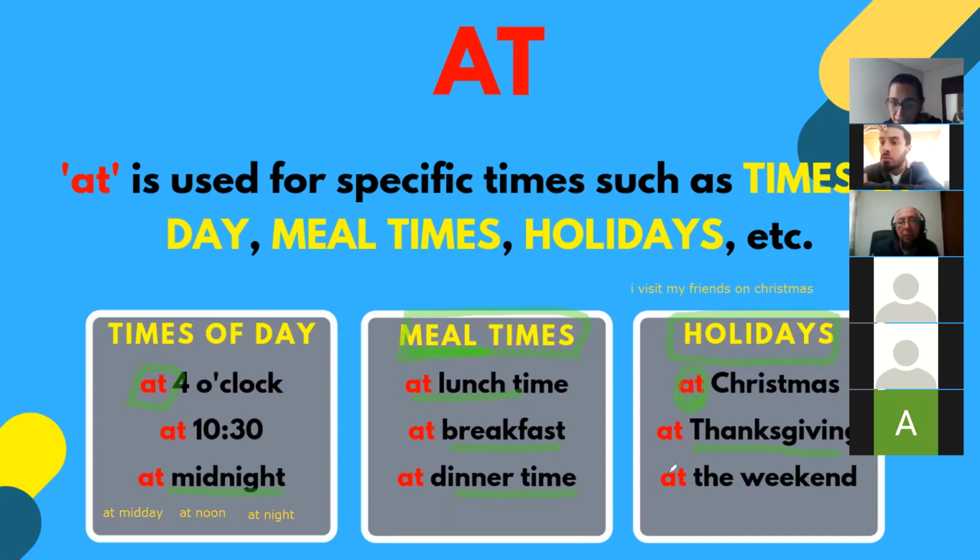Okay, and here we got the difference when you said "at the weekend." When I said "at the weekend," I refer to a specific weekend, not the routines, as we got in the previous example, right? So you said, for example, voy a un concierto el fin de semana. I refer to this weekend, right?